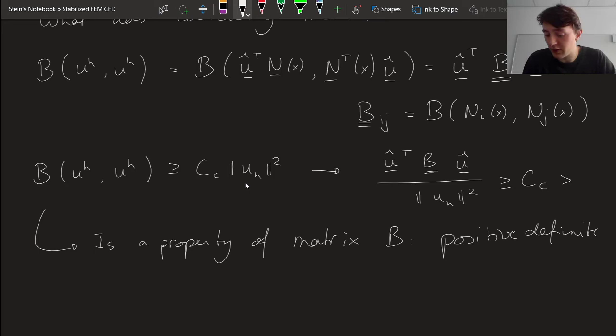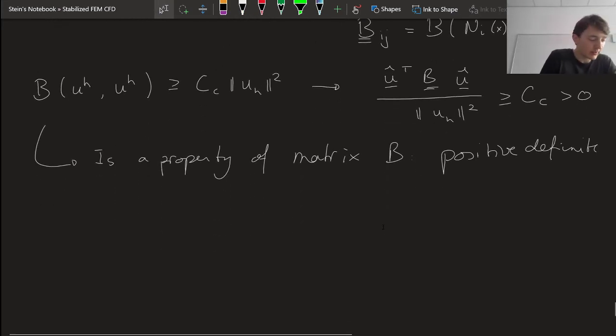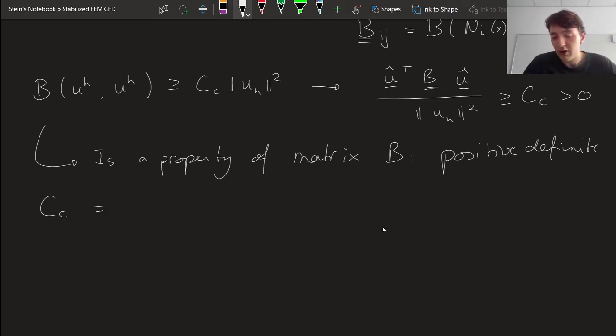Specifically, this constant C has to be larger than 0. I'm not sure if that was clear or not. So I can actually rewrite this a little bit and get a definition of C. If this has to be true for all functions u that I input, then C has to be the minimal value of all potential candidates.